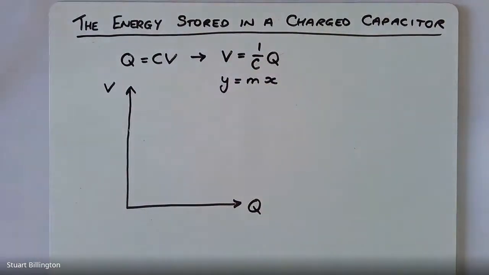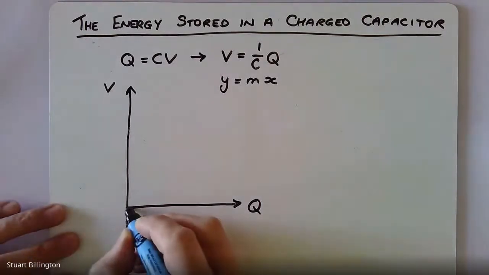And we can see that if we put V on the y-axis and Q on the x-axis, then we're going to get a straight line through the origin, and its gradient is going to be 1 over C.